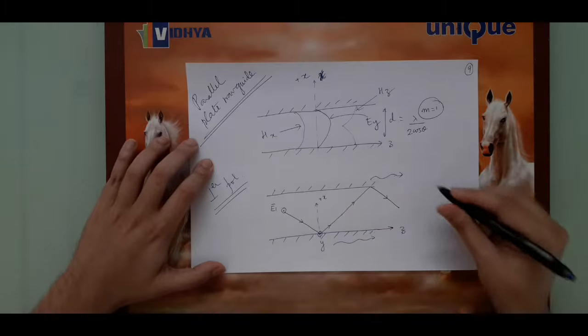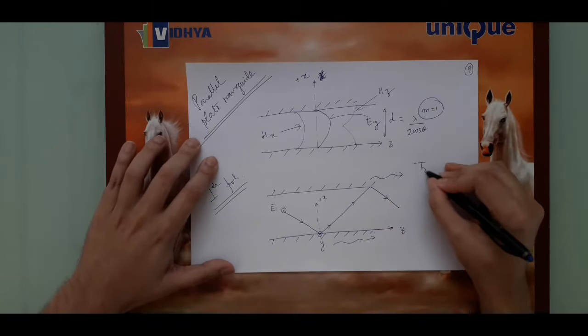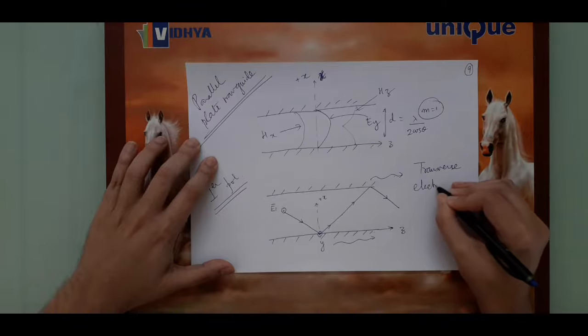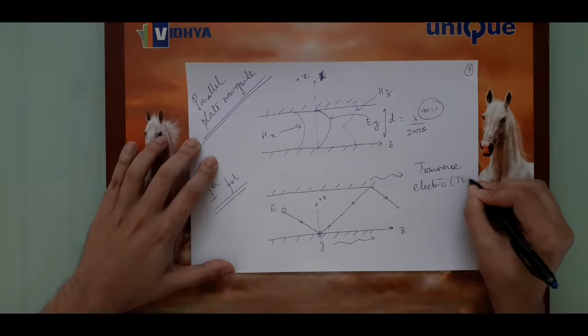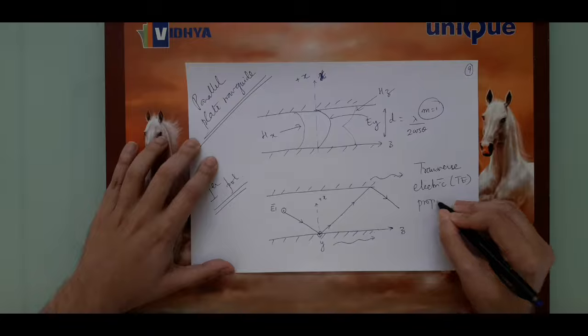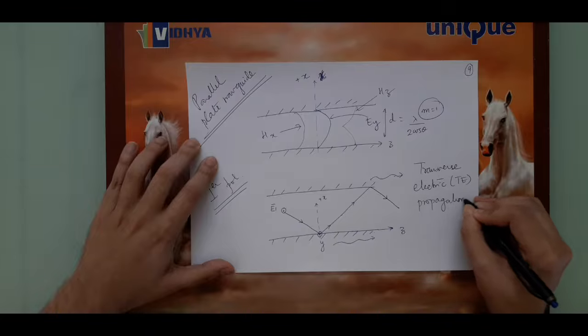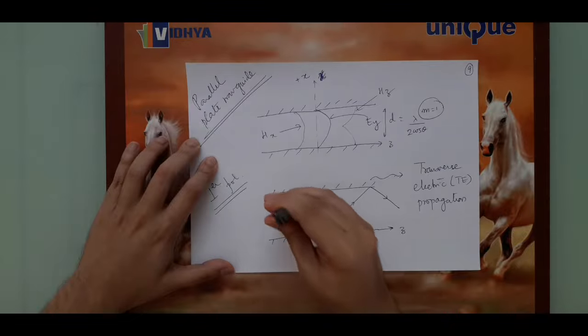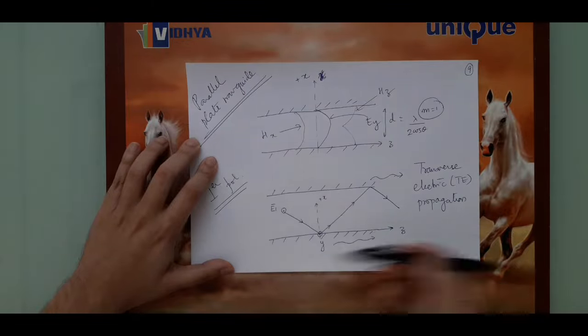So this kind of propagation is called transverse electric or TE propagation. Just to repeat, transverse electric means the electric field vector is perpendicular to the direction of propagation.